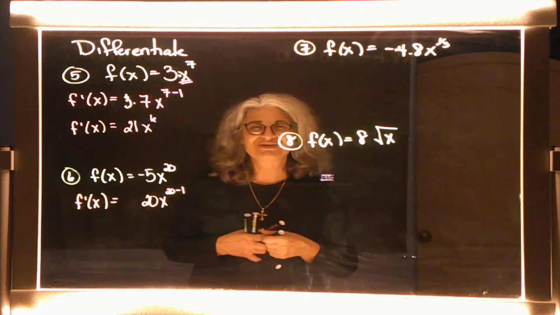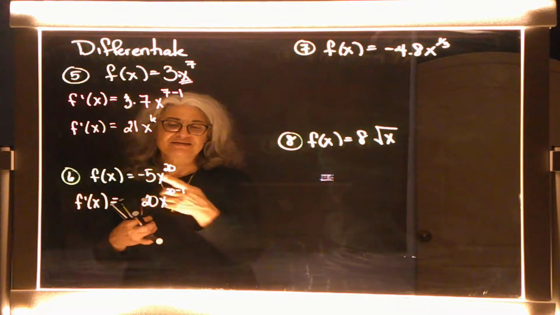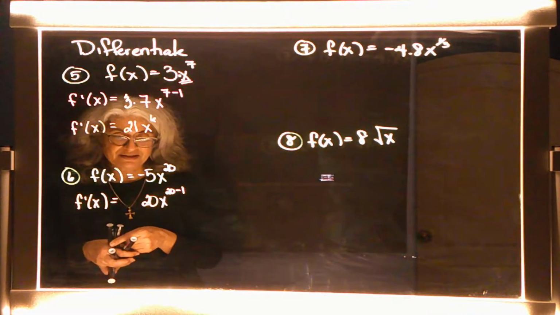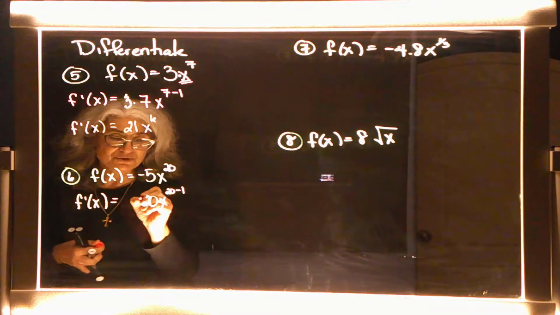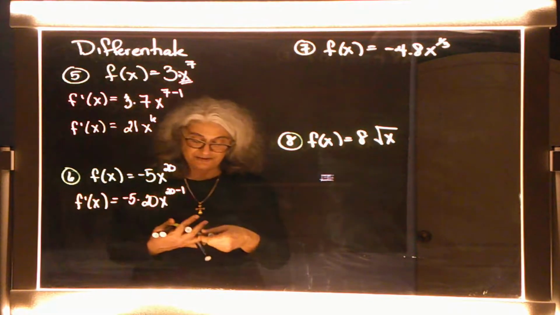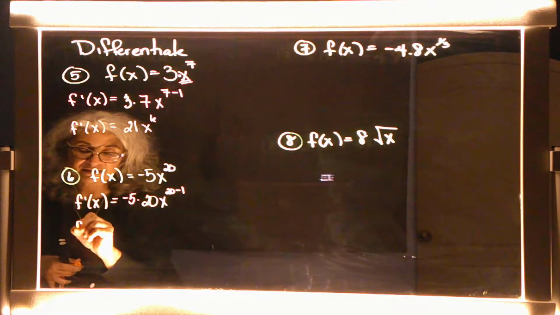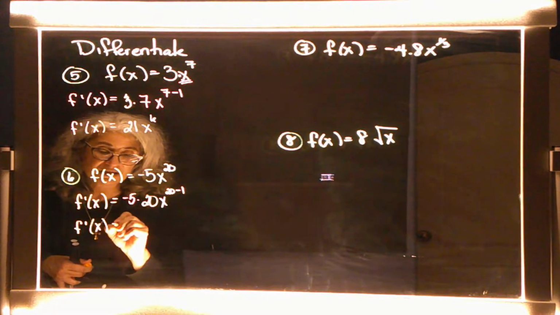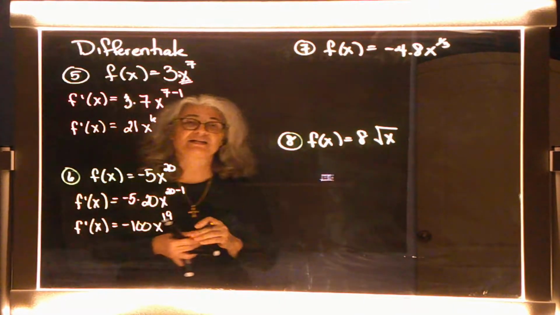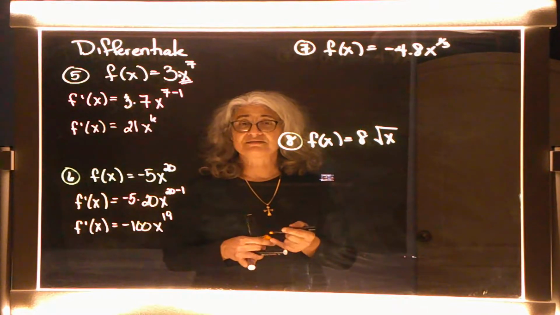Now, what do you think you're going to do with the negative 5? Since this whole thing was multiplied by negative 5, this part is also going to get multiplied by negative 5, which means the derivative is negative 100 x to the power of 19. Does that make sense? Good.